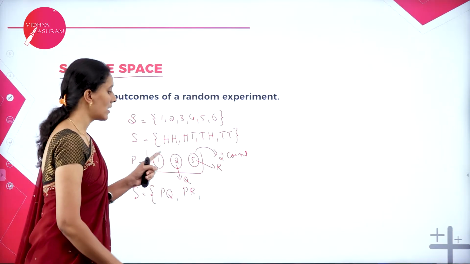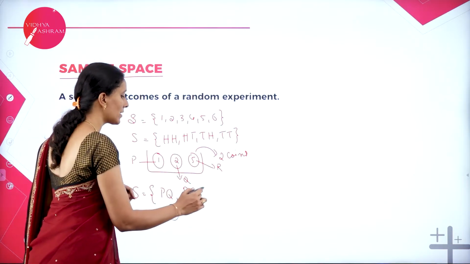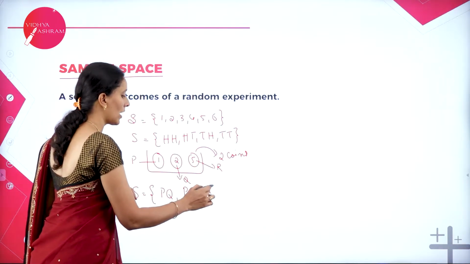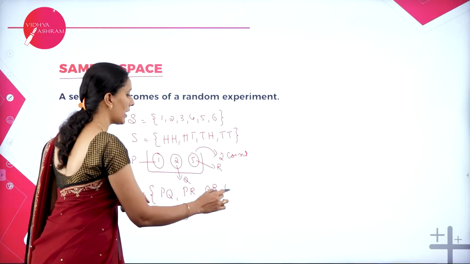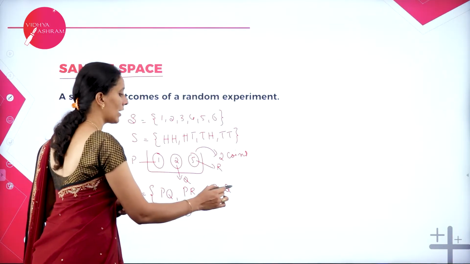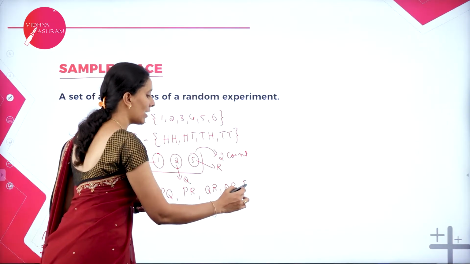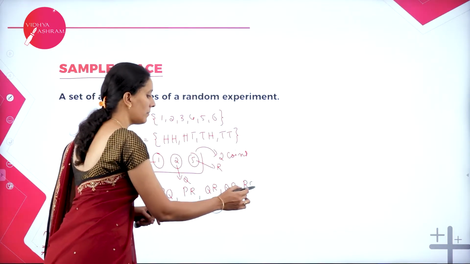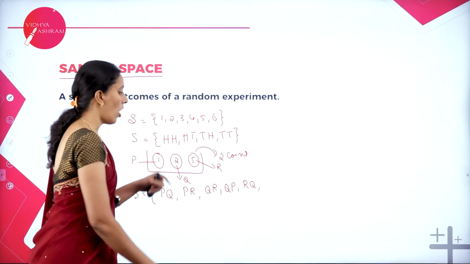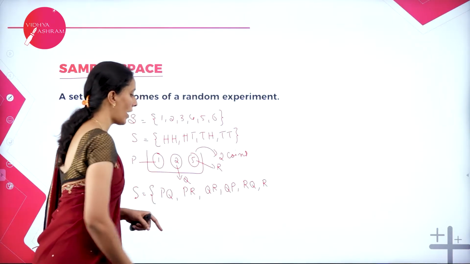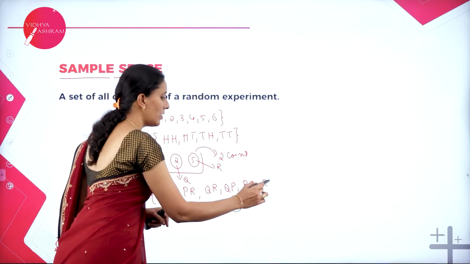Similarly, first you might take 2 rupees, that is Q, then you have taken R. Or first you have taken 2 rupees, then you have taken 1 rupee. One more chance is first you might have taken 5 rupees, then 2 rupees. Or first you have taken 5 rupees, later 1 rupee.